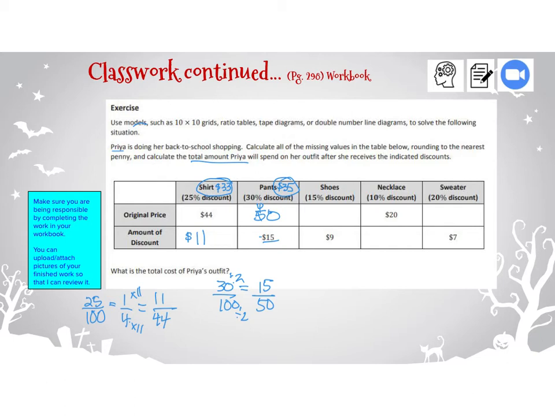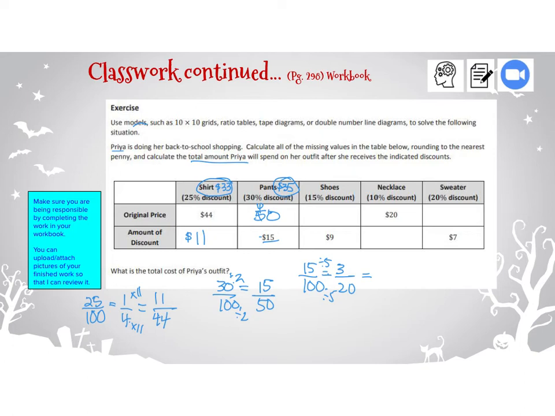Okay, now we have shoes are 15%, so 15 over 100. And if I reduce that, divide by 5, and I get 3 over 20.